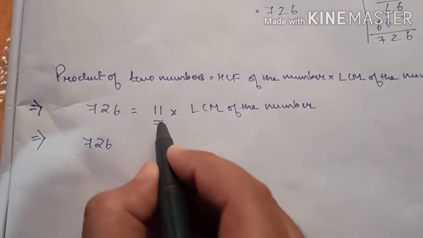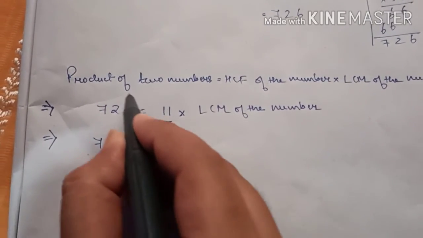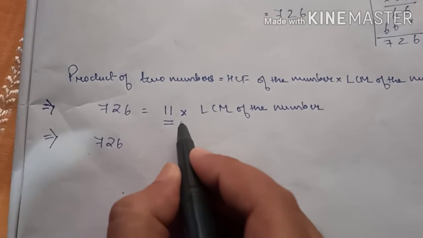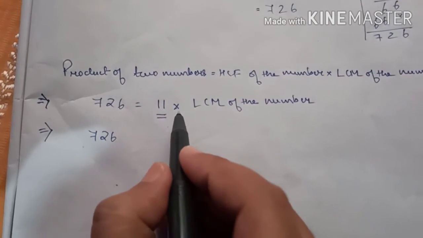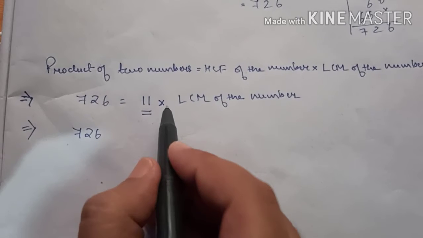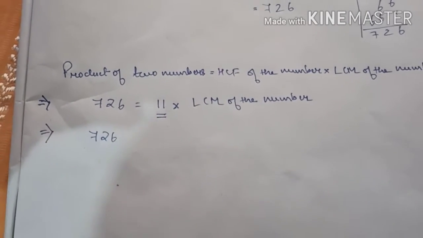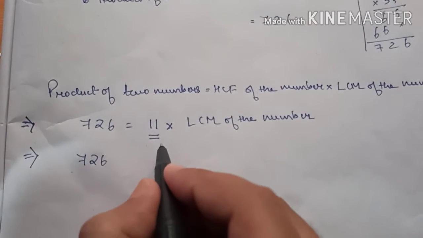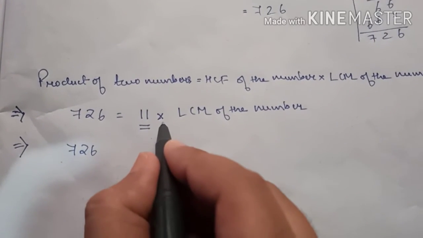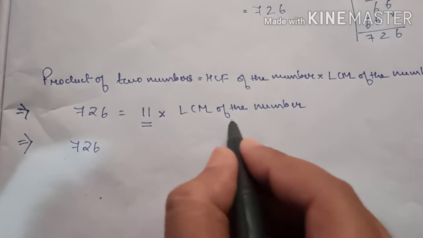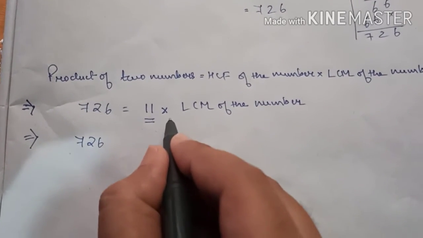So from the right side we will bring this 11 to the left side, but we have to remember that anything we bring from right to left or left to right, we have to take care of the symbols, okay? As you can see, 11 is multiplied by something.